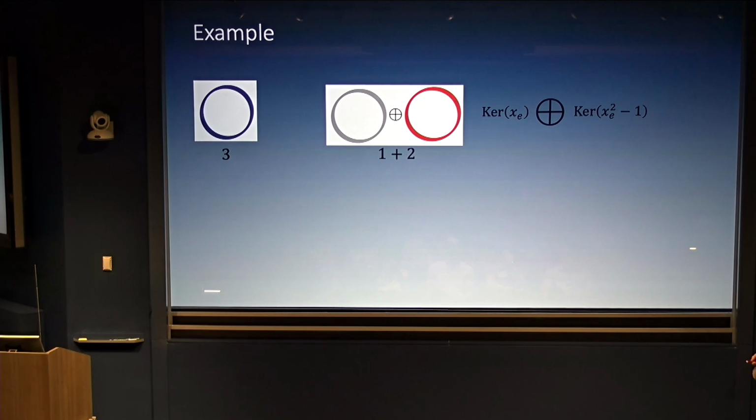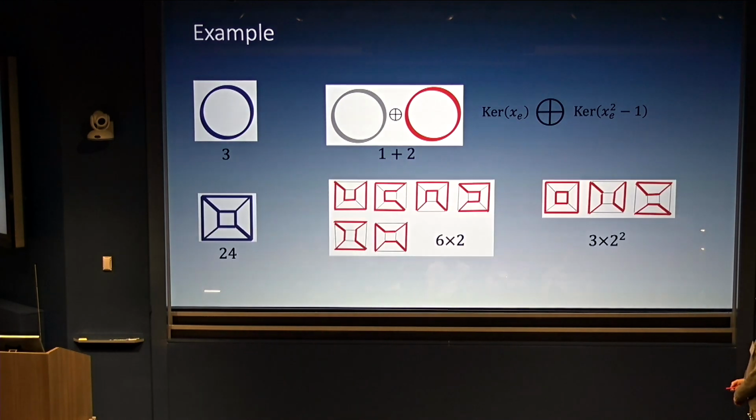Or the one set, in this case, could be the empty set. It's a bit hard to figure out what a one set means if there aren't any vertices, but that's what it means. Definition of a one set is that for all vertices, and so anything's a one set. The kernel of x then is one-dimensional. The kernel of x squared plus 1 is two-dimensional. That's just what the algebra looks like already, of course.